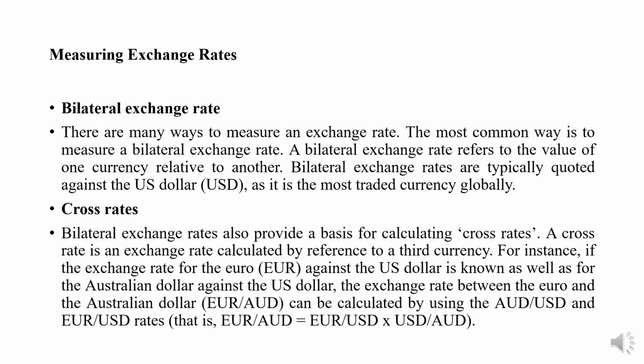Now we will discuss the trade weighted index. What is a trade weighted index? While bilateral exchange rates are the most frequently quoted and are most likely to be quoted in the press, a trade weighted index provides a broader measure of general trends in a currency.